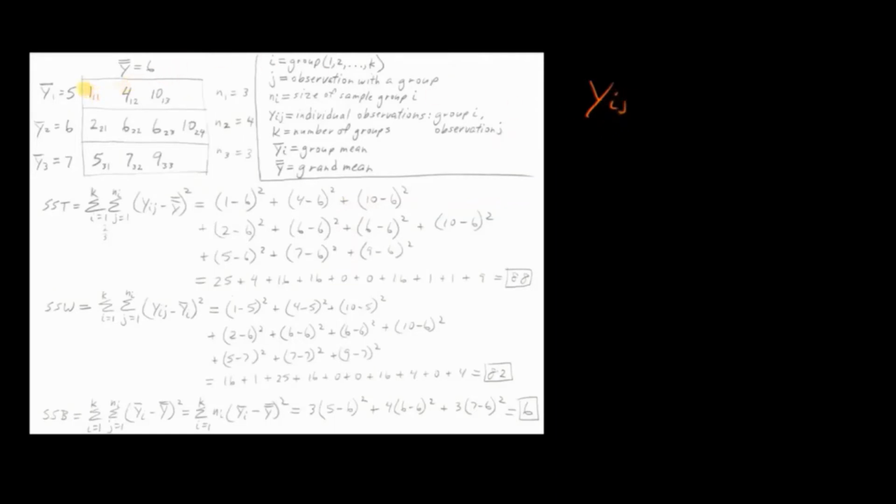So for this one right here, i is 1, and j is 1. And so we're in group 1 here, the first group. 1, 1, 1. i is 1. Make sure you think of i first. But then we've got the first observation, second observation, third observation. So each one is a jth observation. And so that's reflected here. So i indicates what group you're in.